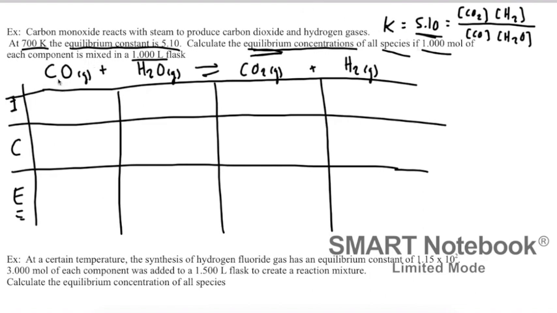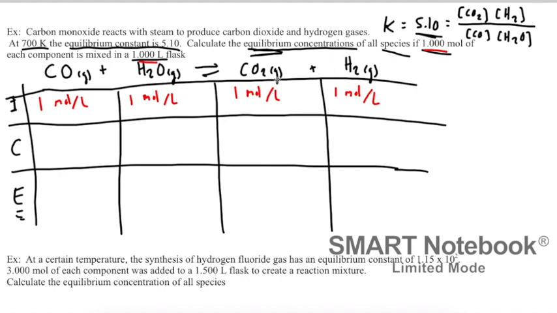So if I take 1 mole of CO and put it in a 1 liter flask, my concentration is 1 molar, 1 mole per liter. And in fact, that's going to be true for all of these. And really, I should be writing out all these sig figs. I get 4 sig figs because of those decimals, but we can worry about that at the end. Okay, so that is my initial concentration for all of them.